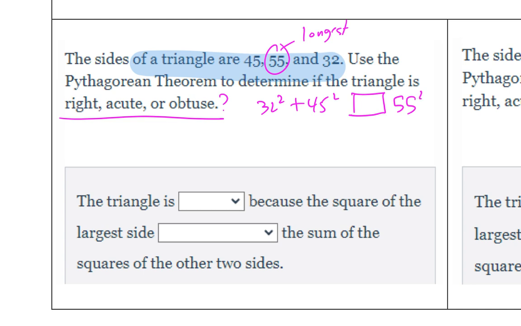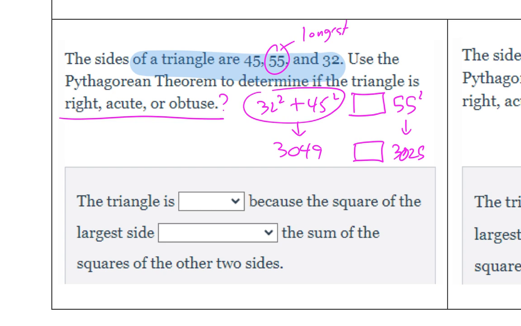If we put that in our calculator, 55 squared gives us 3025, and we're going to compare that to what this gives us. If we brought that down, that would give us 3049. So what do we know? A squared plus b squared is what, greater or less? It's more.